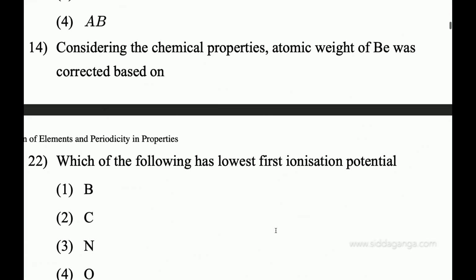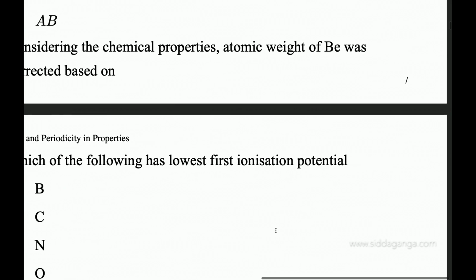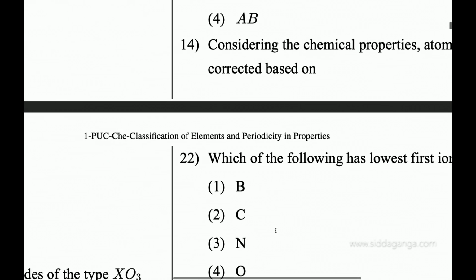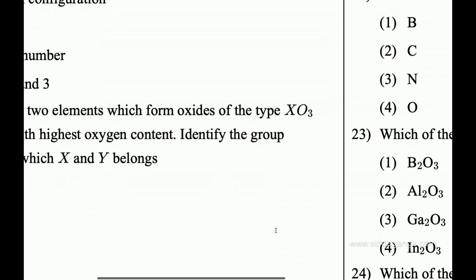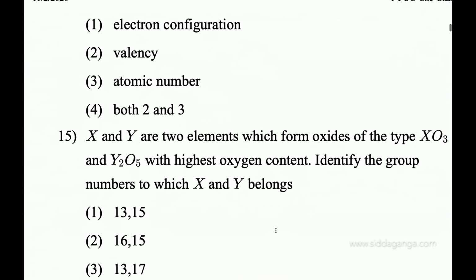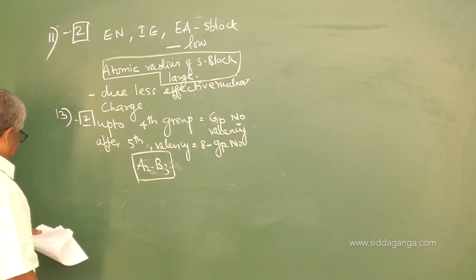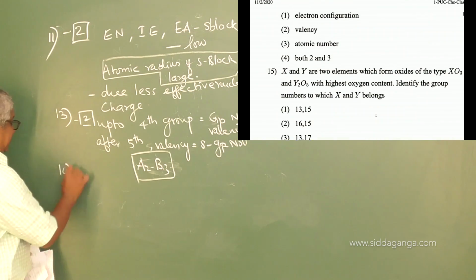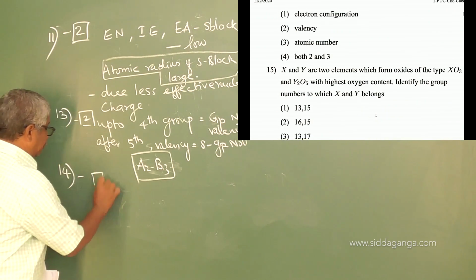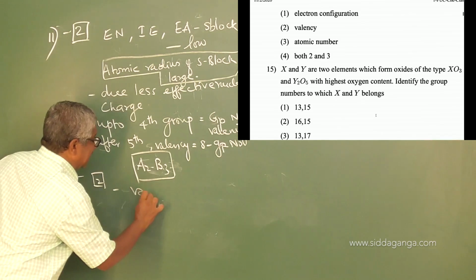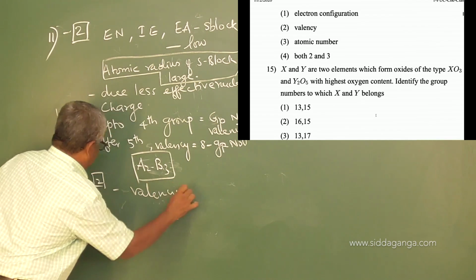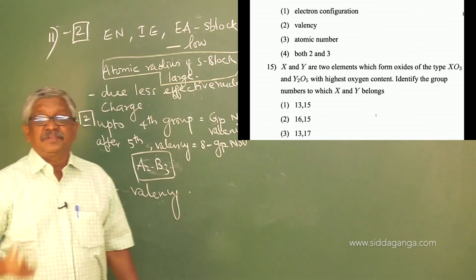Considering the chemical properties, atomic weight of beryllium was corrected based on valency. So it is based on question number 14, option 2, it is valency.